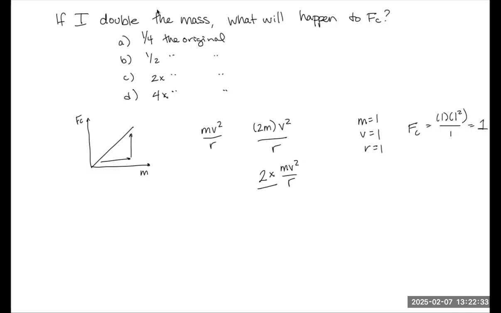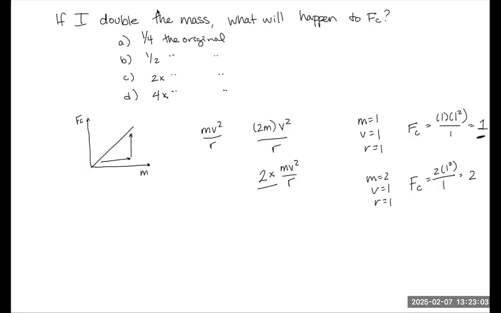And then I could say, okay, I'm going to double the mass. So now my mass is 2, but my velocity is still 1 and my radius is still 1. And what do I end up with? I end up with a centripetal force of 2 times 1 squared over 1, 2. Oh, it's 2 times my original centripetal force. These are all different ways that you can think about this. Let's go ahead and look at a couple others.